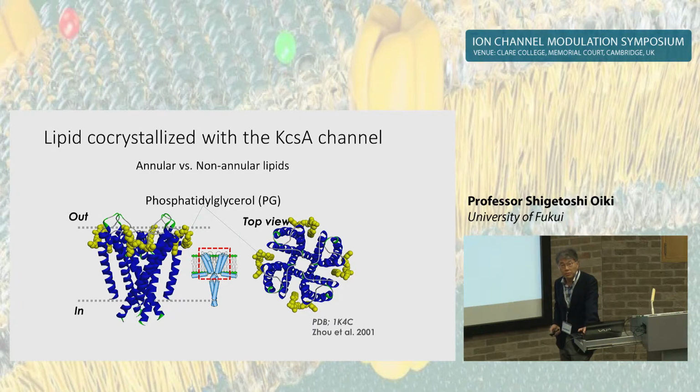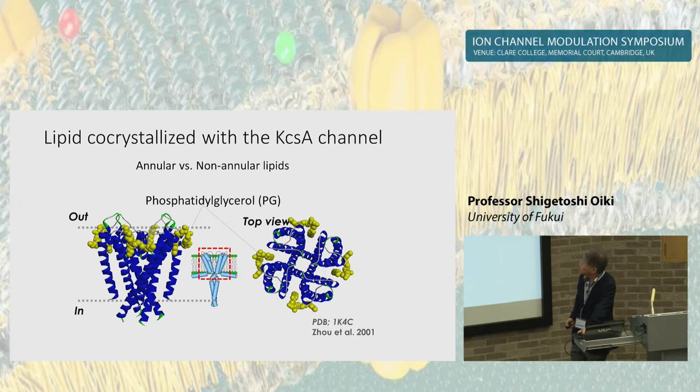PG is rich in bacterial membrane, and this PG is located at the outer half of the transmembrane domain of the KcsA channel. So people suspect this PG should be very important for the channel function.